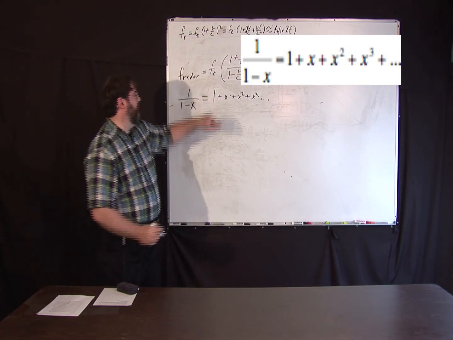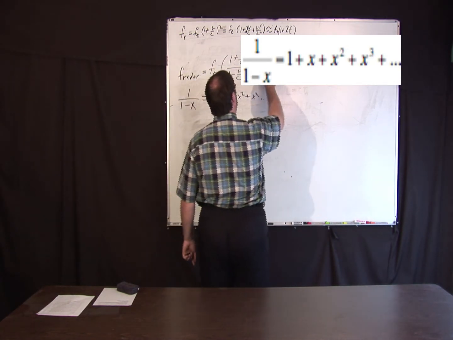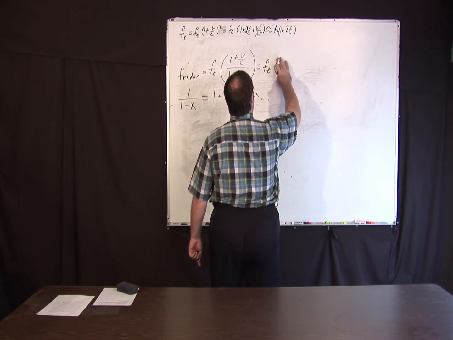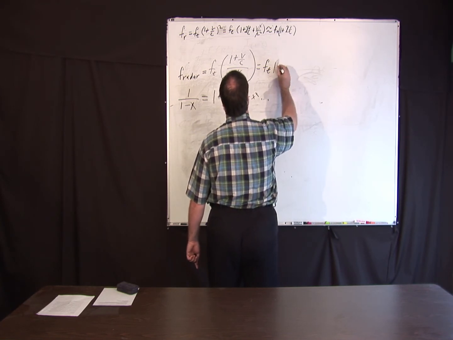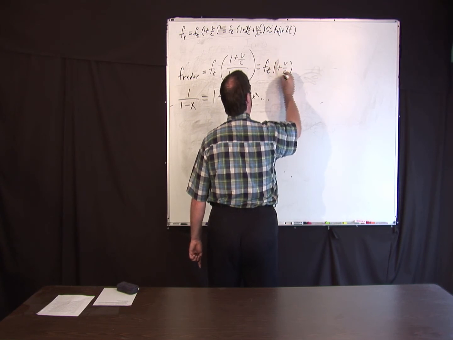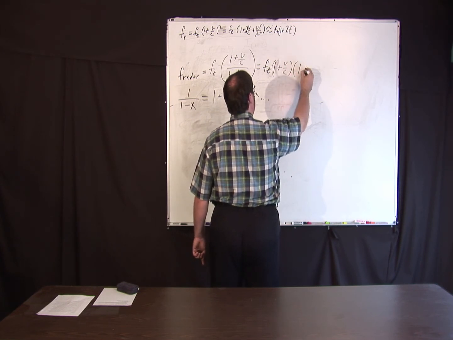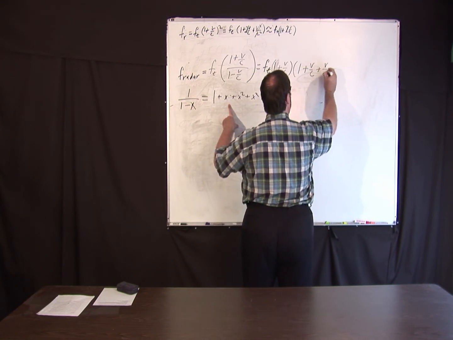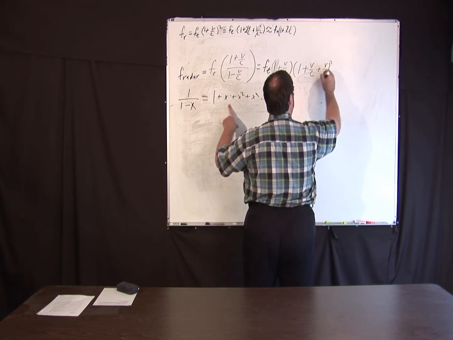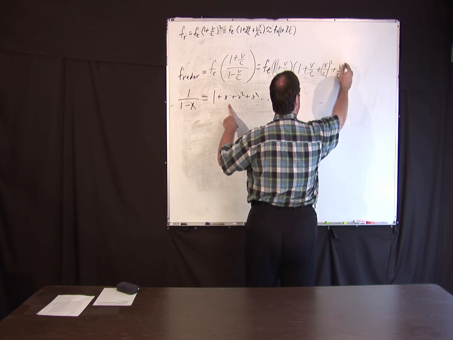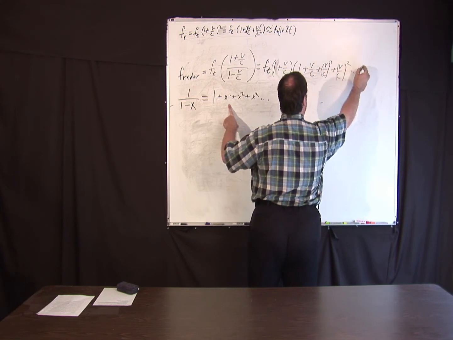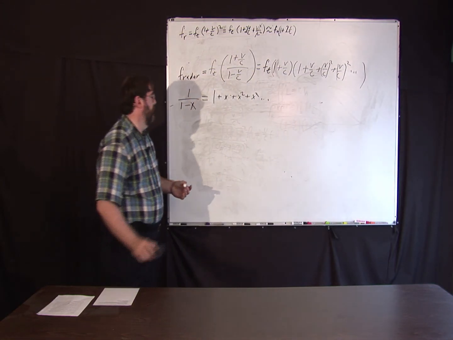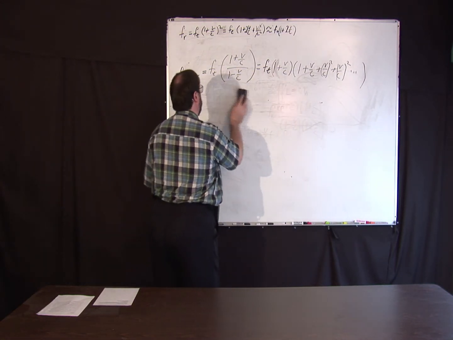So this equals ft times 1 plus v over c, times 1 plus v over c plus v over c squared plus v over c cubed. Okay, just some basically approximation formulas.